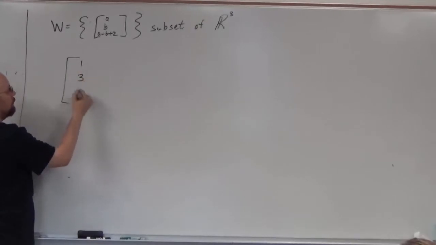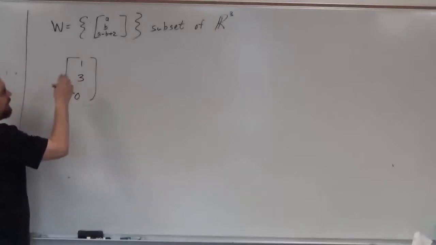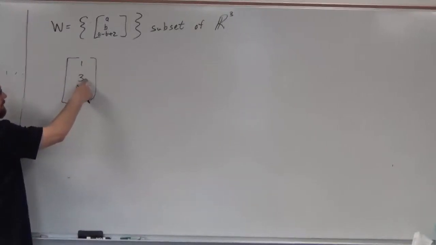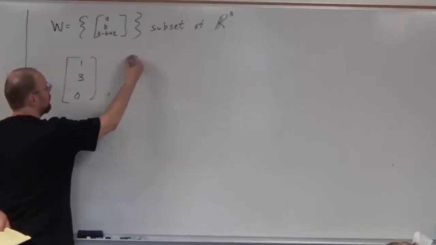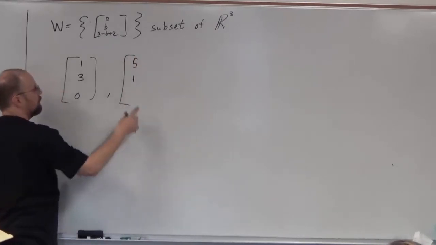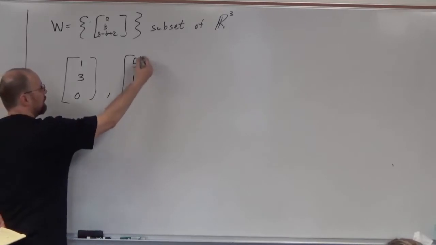1, 3, 0, right? Because the defining property is that the third component is the first one minus the second one plus 2. So this is in W. And let's say 5, 1. What would this be? 6. Right?